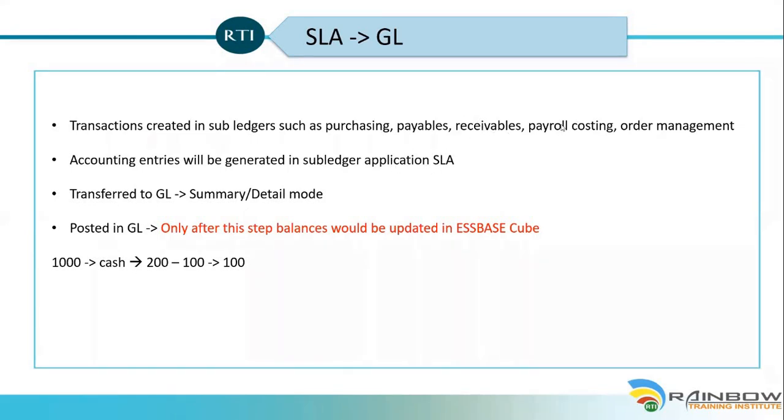When you account an AR invoice or a payroll costing, accounting entries get generated there, and those entries need to be transferred to GL. And when you transfer them, you can transfer them in summary or detail mode. It depends on the client; some clients might want summary mode and some might want detail mode. But till the time entries are transferred to GL, that's fine.